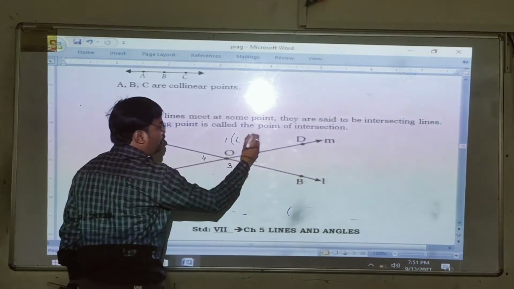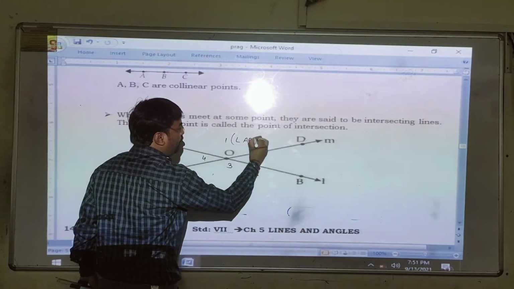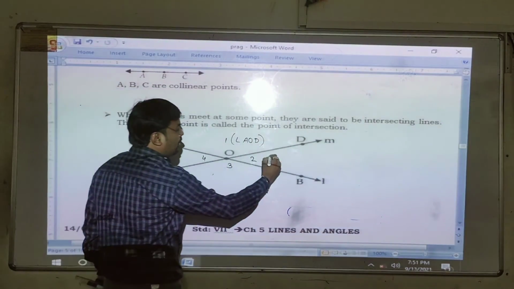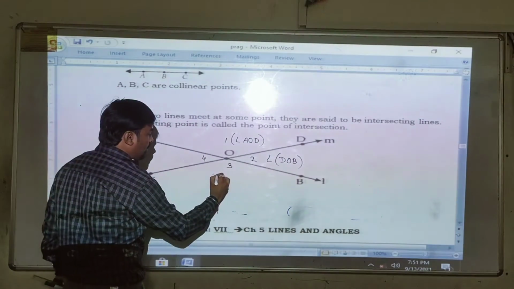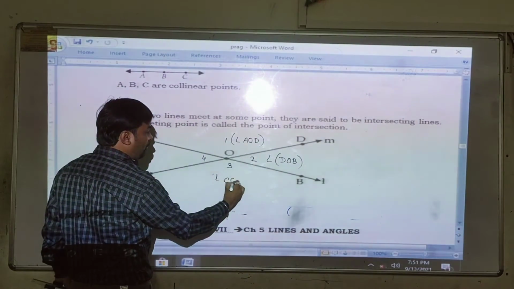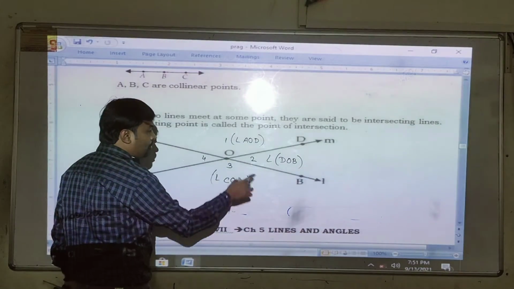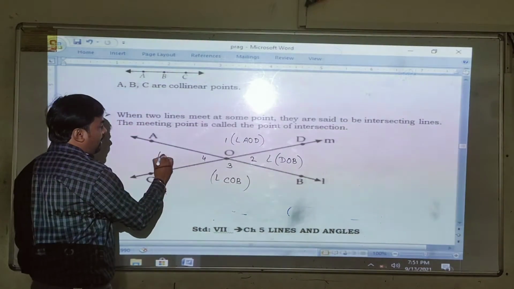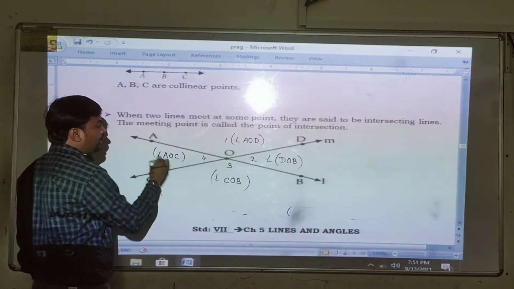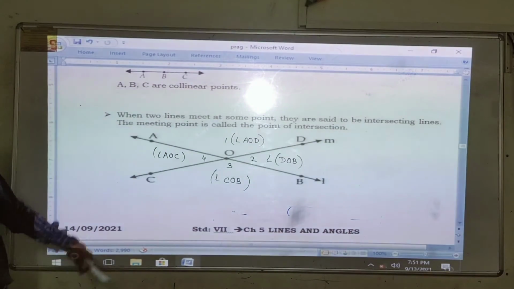The first one is angle AOD. Second one, angle BOD. Third one, angle COB or BOC, whichever you want. You can write from both directions. And angle AOC. Right?